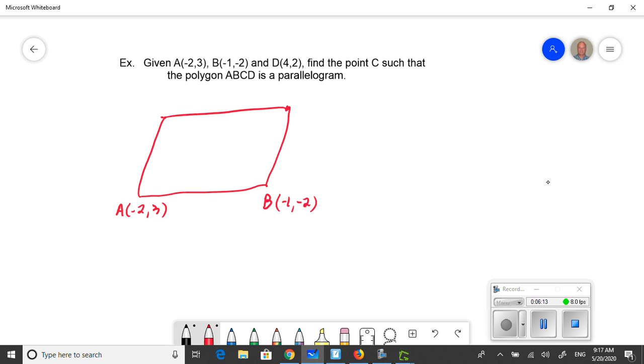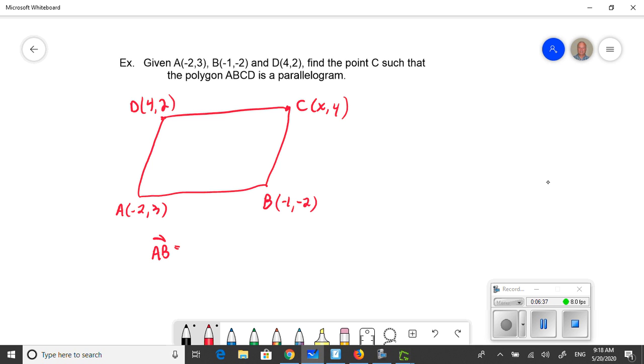C is going to be my point that I want to try and find. I'm going to call that XY, and then D, I've got 4 and 2. I want to prove that this is a parallelogram, and I want to do that by finding what point C, in terms of X and Y, will make this a parallelogram. So I need to find a couple of things here. Let's find AB.